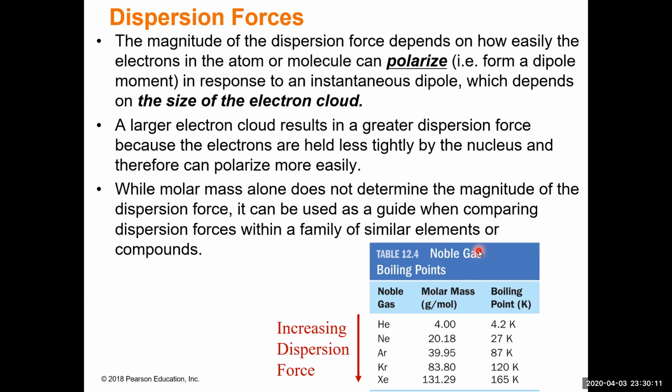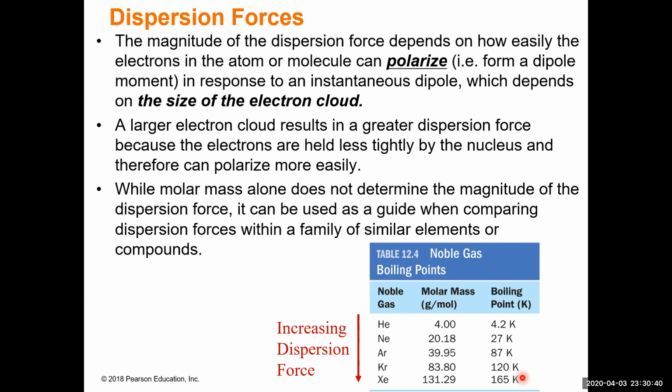These are arranged from the noble gas with the least mass to the highest mass of noble gases. And because we can compare a family of similar elements, we see that as we're increasing in molar mass, their boiling point is also increasing.